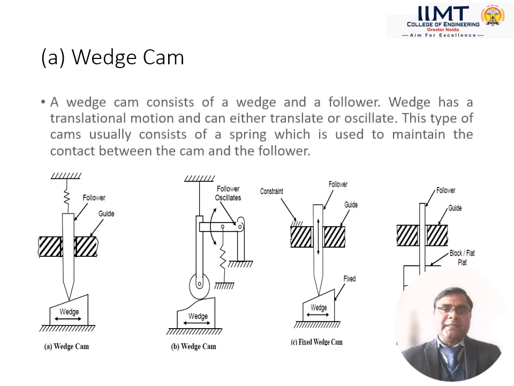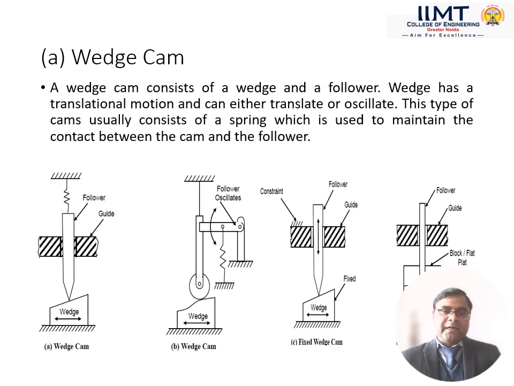In the first type of wedge cam, the wedge has translatory motion, and the follower is fixed with a spring and has some guiding element. When the wedge is translating, the follower also has translatory motion, and there is point contact between the wedge surface and the follower element.